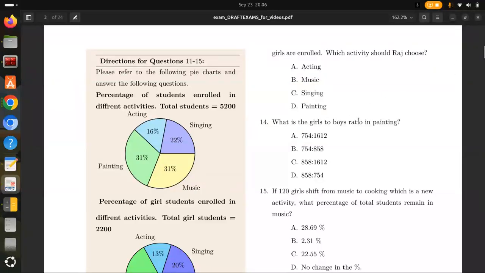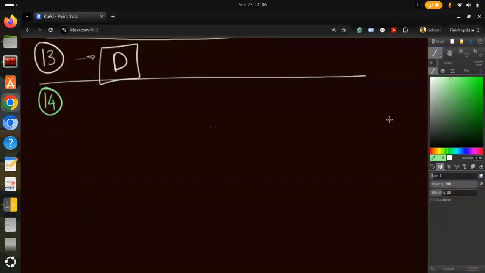What is the girls to boys ratio in painting? This is again interesting. Girls, I'll simply say G is to B in painting. So this is what I need. First let us get total in painting. What is total in painting?